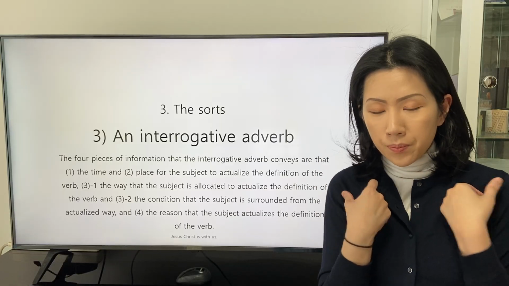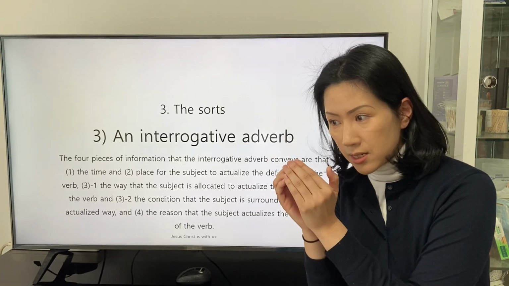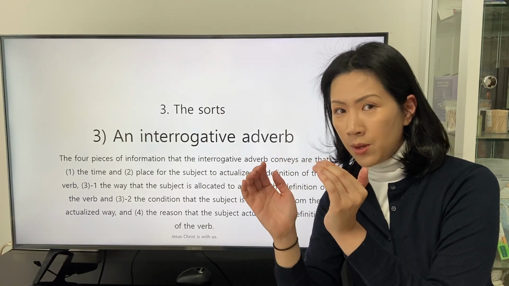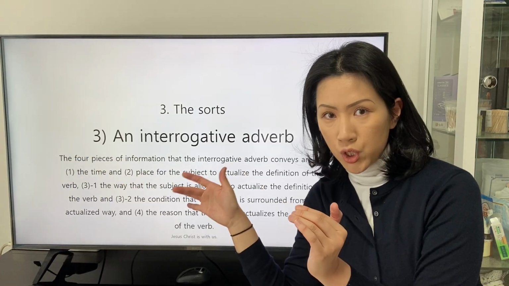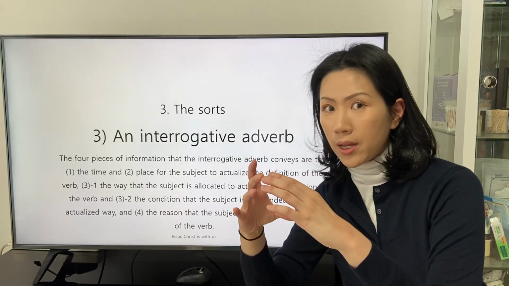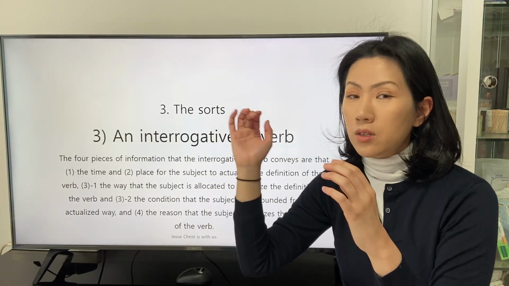The speaker intends to focus on the limited definition that the relative adverb how can deliver to the listeners. The speaker intends to focus on the way out of the range of the definition, not the condition.